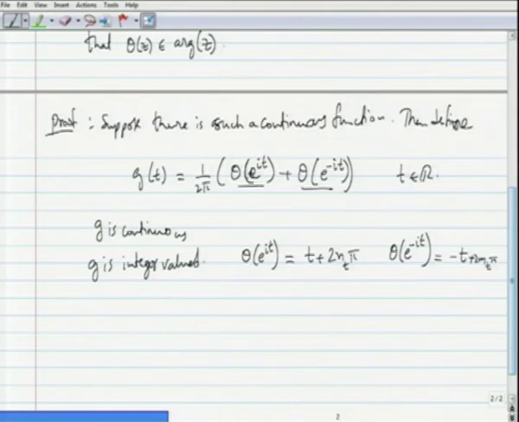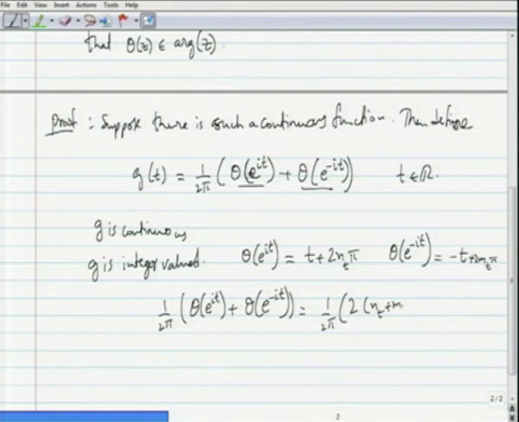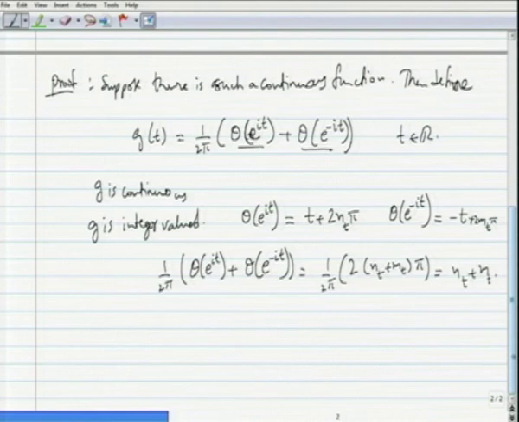Then 1 by 2 pi times theta of e power I t plus theta of e power minus I t: minus t and t cancel, so you have 2 times n t plus m t times pi, which gives n t plus m t, which is definitely an integer. So, g is integer valued, and it is a continuous function.